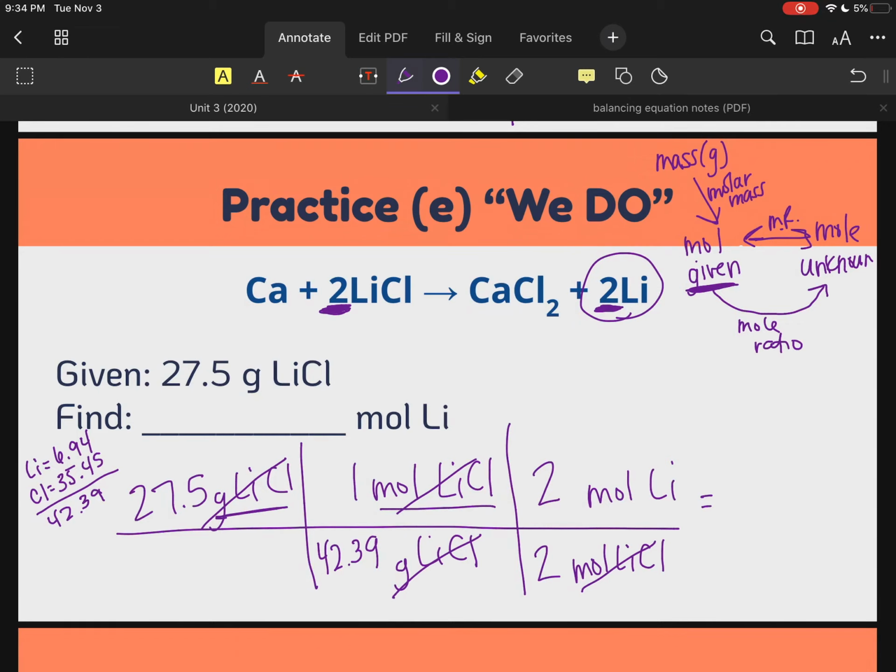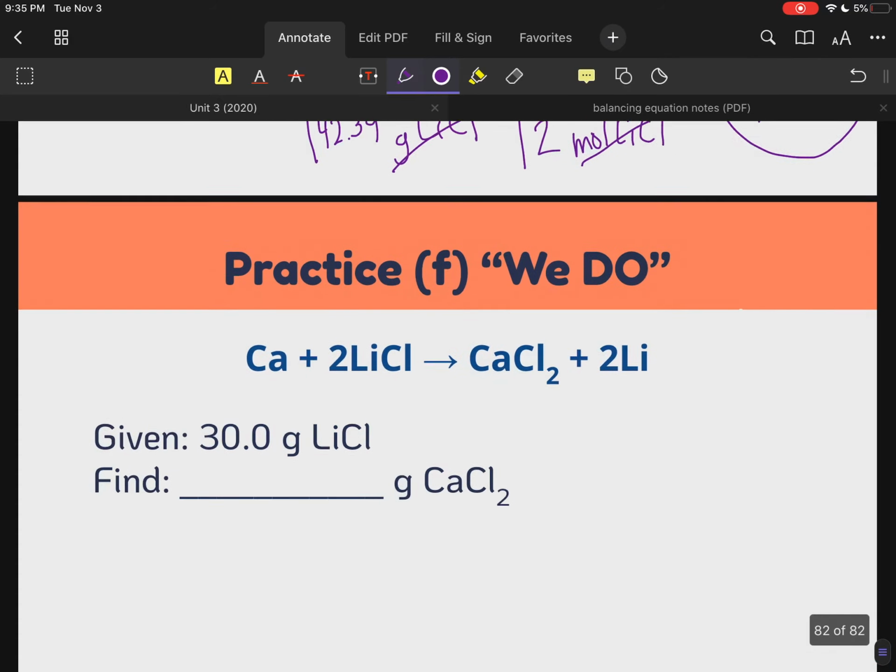Canceled. Now I'm ready to multiply across and divide by the bottom. Okay, 0.649 moles of lithium.